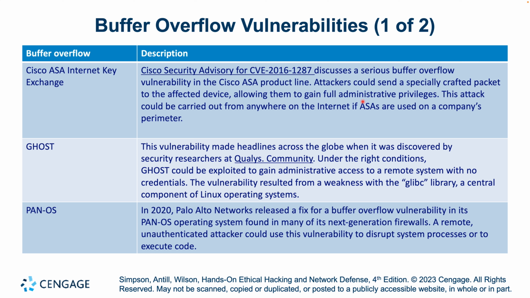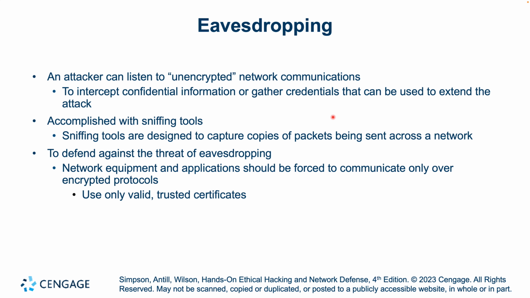You can see how serious the buffer overflow attack is. This attack could be carried out from anywhere on the internet if the device is used on the company's perimeter.